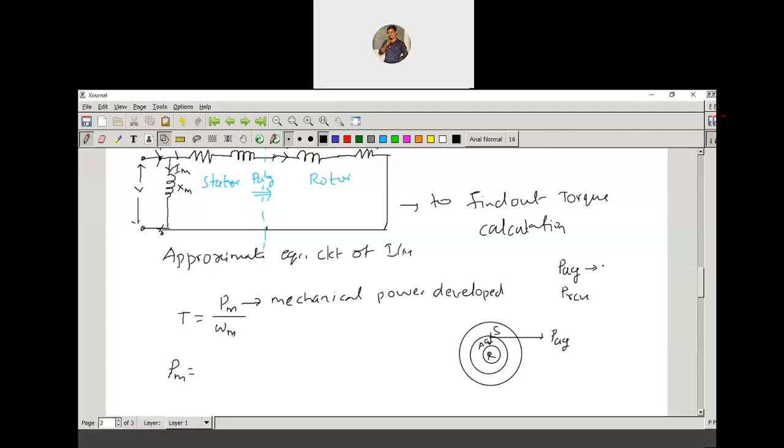PAG is the air gap power, or active power. PRC is the rotor copper losses, and PM is the mechanical power developed.